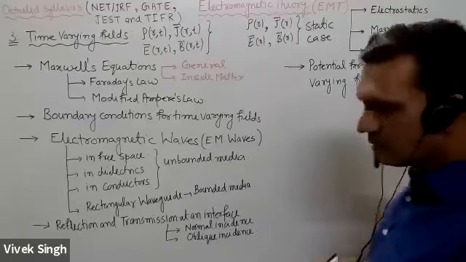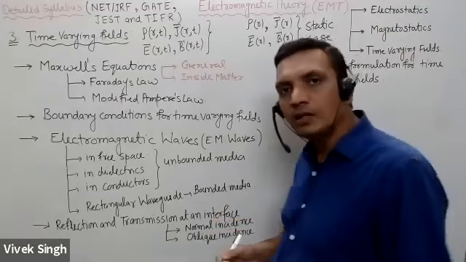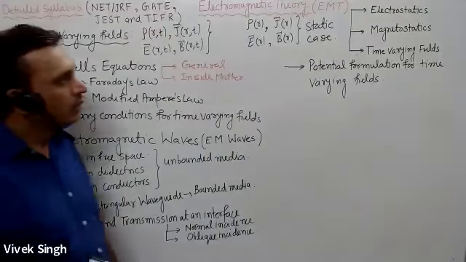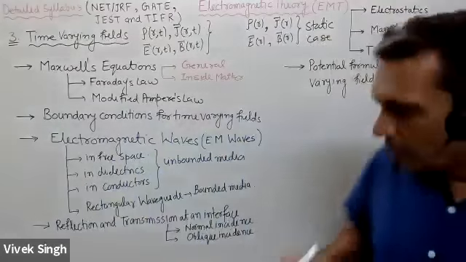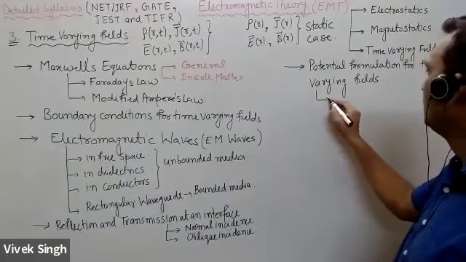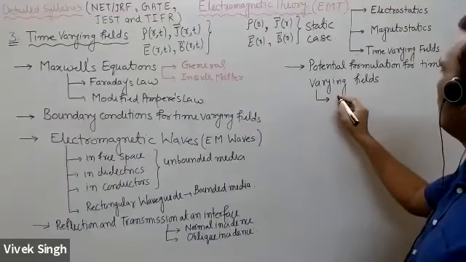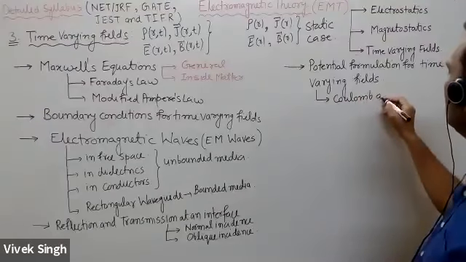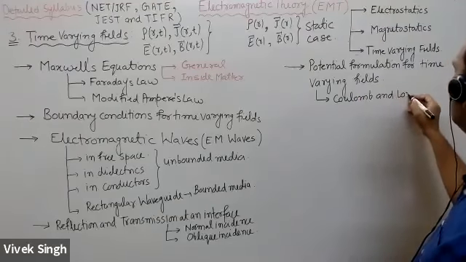We will define scalar and vector potential for time varying field. And in this, we will talk about Coulomb and Lorentz gauge condition.